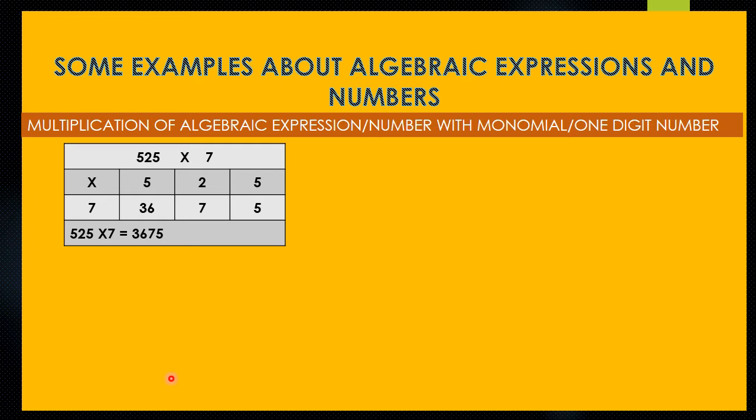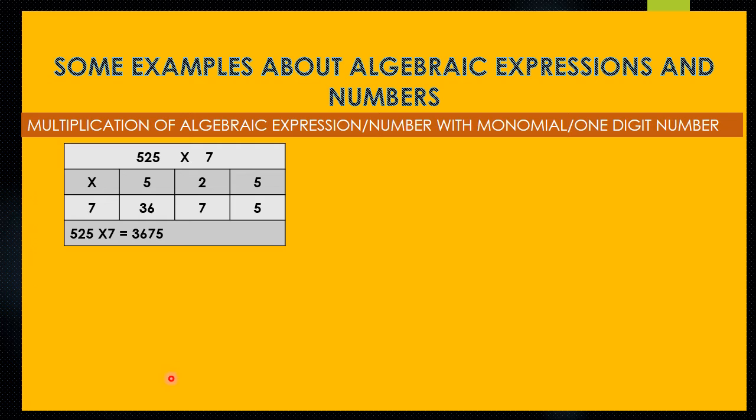So I have put 5 here, and now I multiply 7 with this 2. 7 twos are 14, and adding the carry 3, 14 and 3 is 17. So again I put 7 and carry 1 to the hundreds.